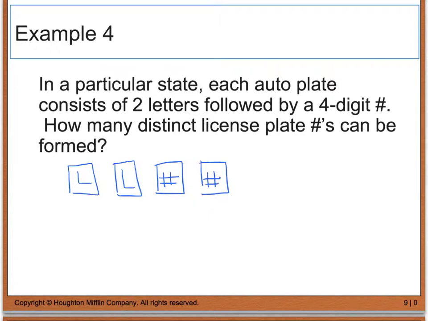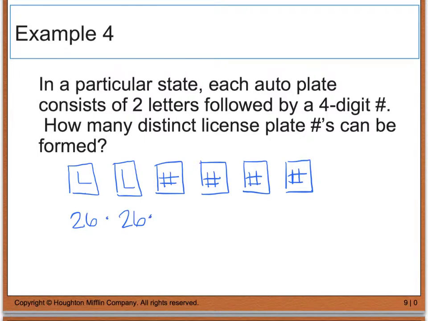It doesn't give me any limitations on the letters or numbers that can be used. So I'm going to assume that my letters are from A to Z and my numbers are from 0 to 9. When I look at this first letter, I know that there are 26 letters possible. When I look at my second letter, again, I can use any letter, so I still have 26 letters.